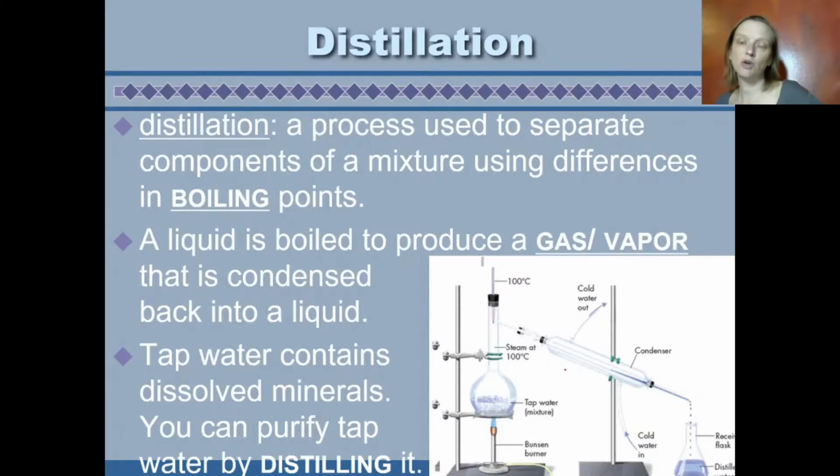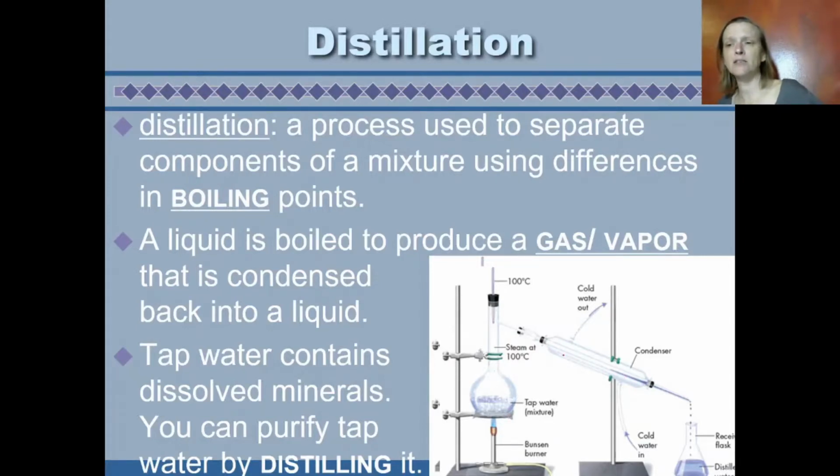This condenser tube has an inner tube that the steam passes through, and an outer jacket called the condensing jacket that you run cold water through. So the cold water doesn't touch the steam directly, it just chills the steam to cool it back down below 100 degrees to turn it back into water.